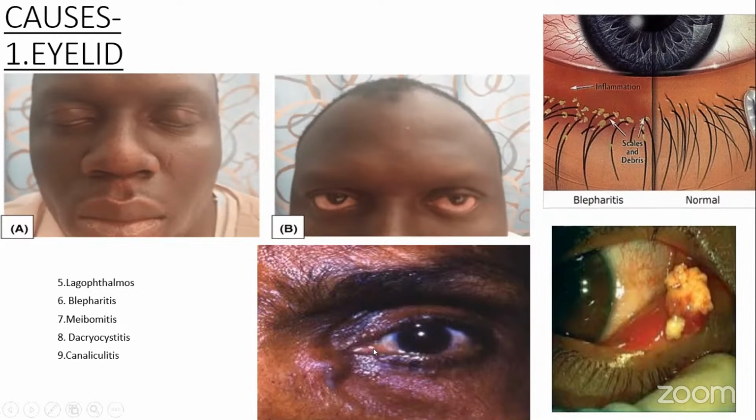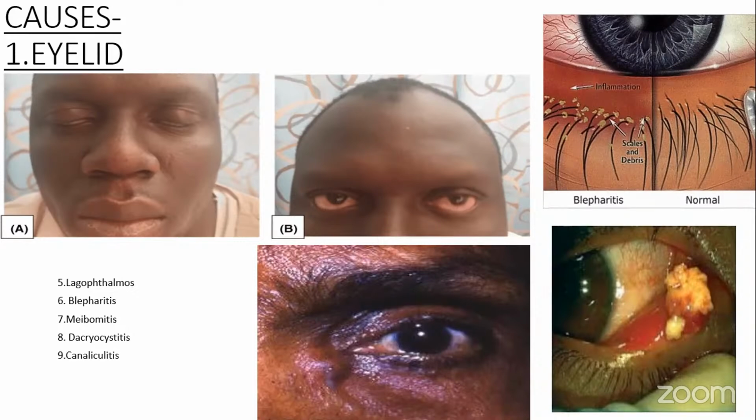Then the inferior photograph here, this swelling, there's this round swelling here. When you have a swelling here, it means that the drainage of the tears, everybody, when you depress your eyelid, you see that in the corner close to the nose, there's a certain small hole there that allows the tears to drain.